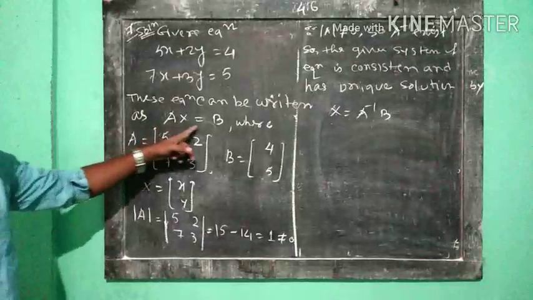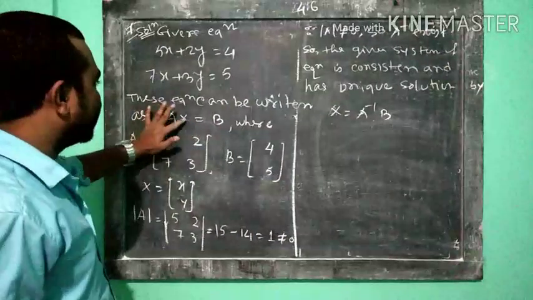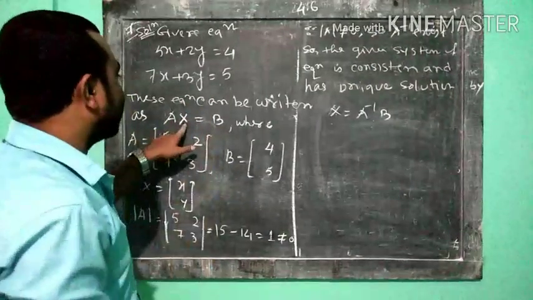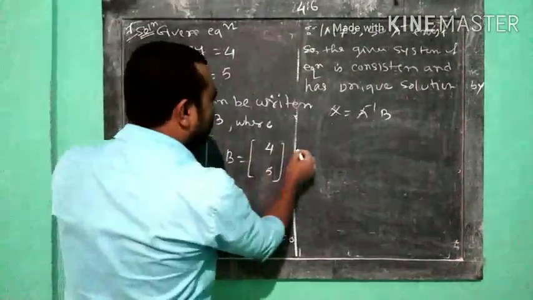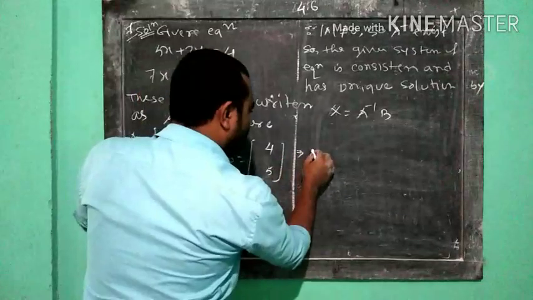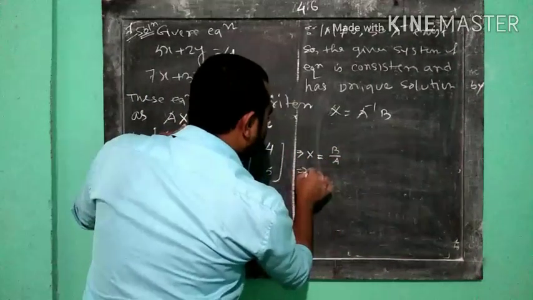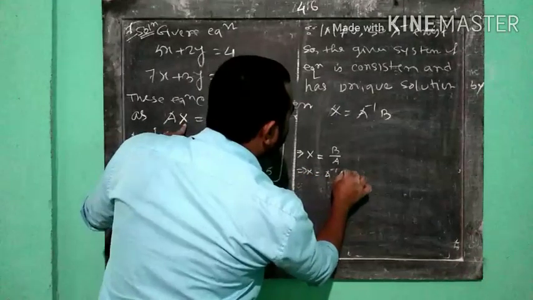If Ax equal to B, then x equal to B by A. This can be written as x equal to A inverse of B.